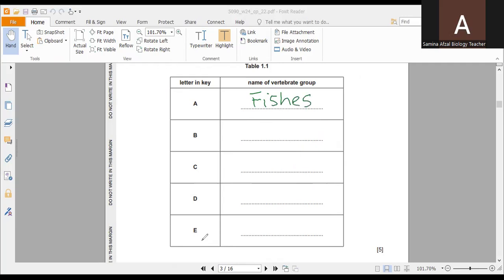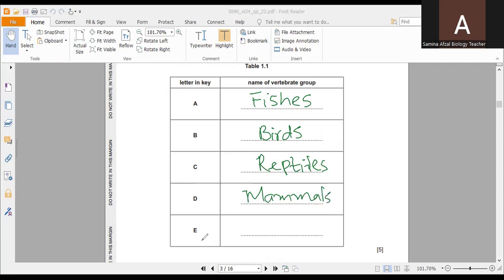And at B, they were birds with feathers. At C, they were reptiles. They don't have fur on their body, but they have tough skins in the form of scales. And D, they were mammals which do not lay eggs and they have fur or hair on their body.